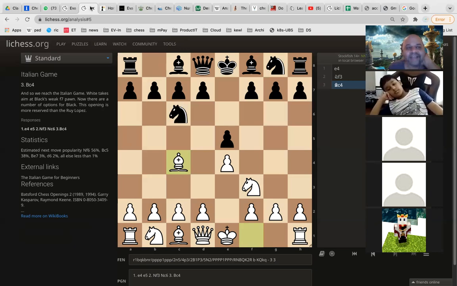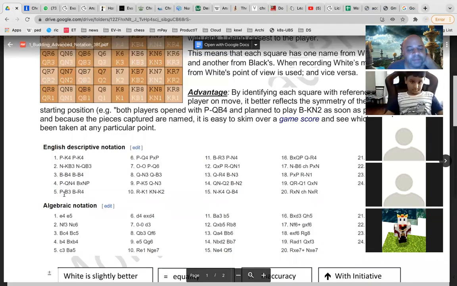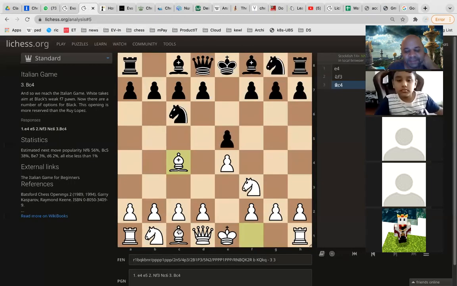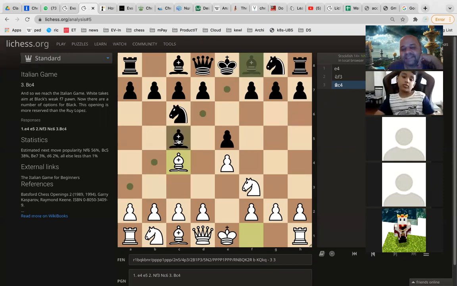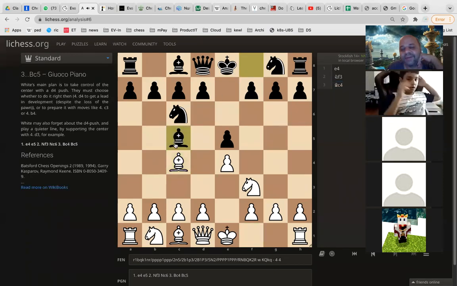Actually, it is to be written as B dash QB4, but they sometimes drop something, because only one bishop can move here. This bishop can never move here. So sometimes they write it as B to B4. Actually, you have to write it as B dash QB4. Similarly, black plays this on the black side, also B to B4 or B to QB4. So this is how it is written.